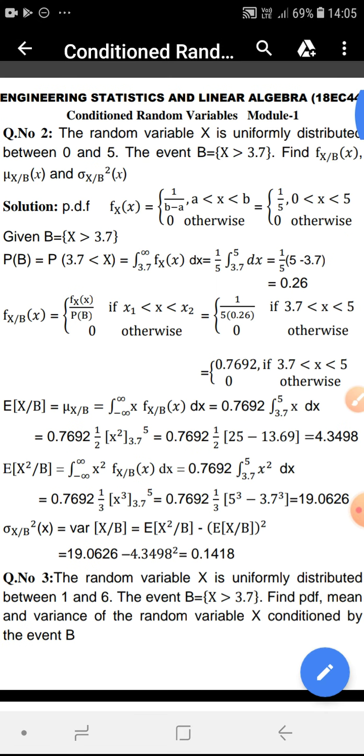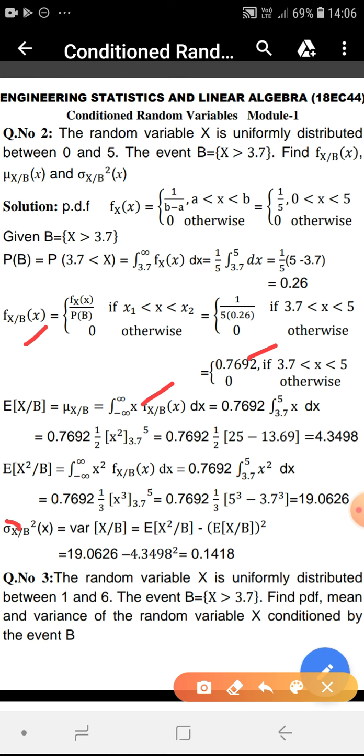Now from the calculation we have the conditional probability density function as 0.7692 from 3.7 to 5. So this integral from minus infinity to plus infinity, you split it as the integral from minus infinity to 3.7, plus the integral from 3.7 to 5, plus the integral from 5 to plus infinity.